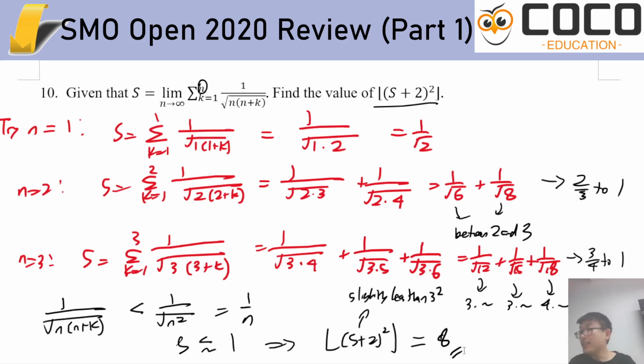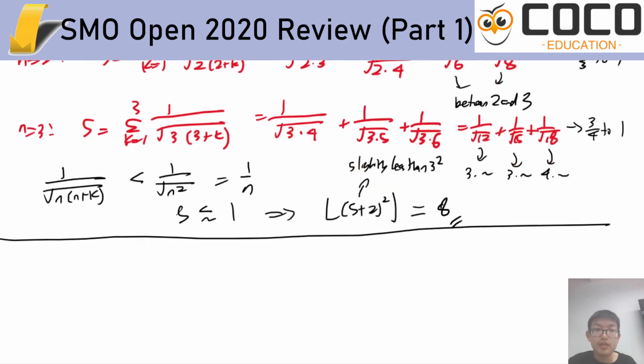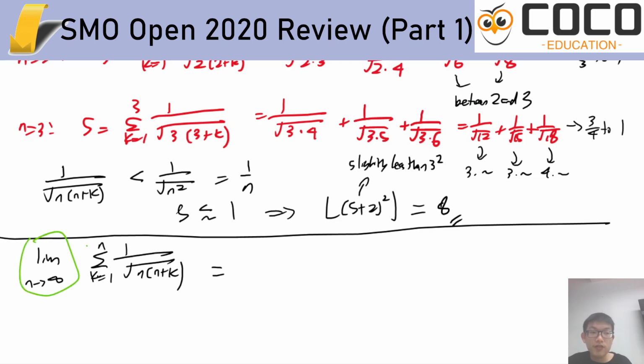The intended solution is that this is actually a Riemann sum integral. A Riemann integral. Now, let me write it down one more time below. This is actually a Riemann integral, and a Riemann integral is in this form of a limit of a sum.